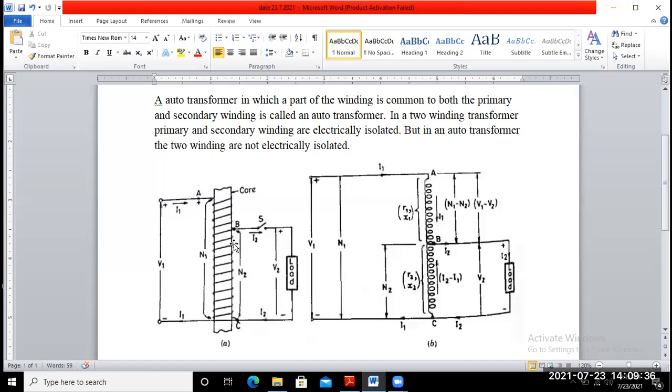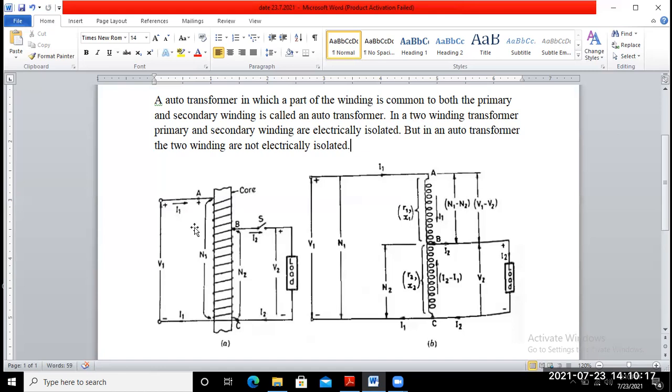From this point we connect a load, and the secondary winding terminal voltage is represented by V2, with N2 turns again. If you close this switch, then the load current starts to flow. As in the conventional two winding transformer, that current is represented by I2. So this load current I2 starts to flow from this point and goes back to this point, and I1 is your supply current.